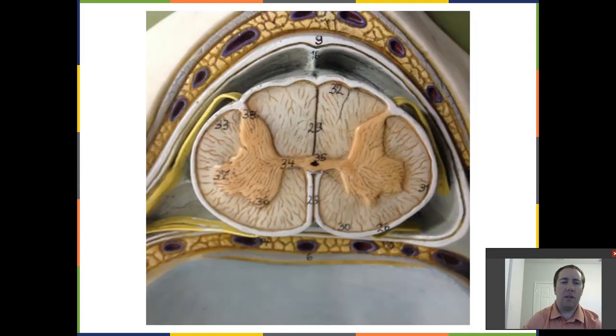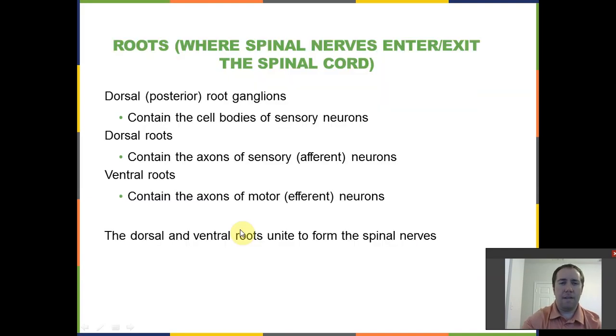And so we go back to our diagram and we look, the nerve here is attaching to the back. And I know that's the back because it has the sulcus rather than the fissure. It has the small fold in the back. So this is a dorsal root. And so that means this is a ventral root in the front.